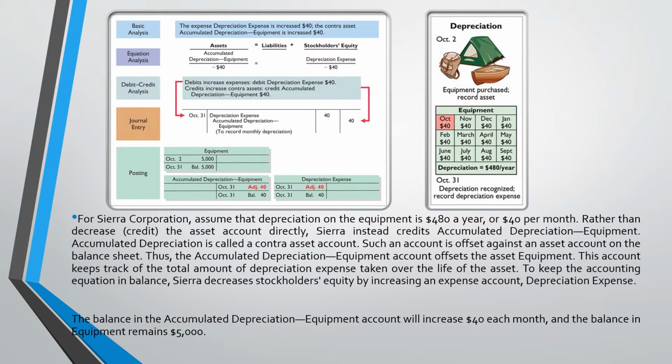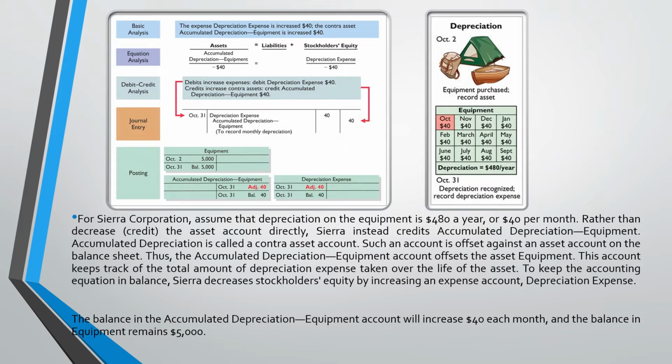So we're going to have that account. The accumulated depreciation is called a contra asset account. Such an account is offset against the asset account on the balance sheet. So the accumulated depreciation equipment account offsets the equipment account itself. This account keeps track of the total amount of the depreciation expense taken over the life of the asset.